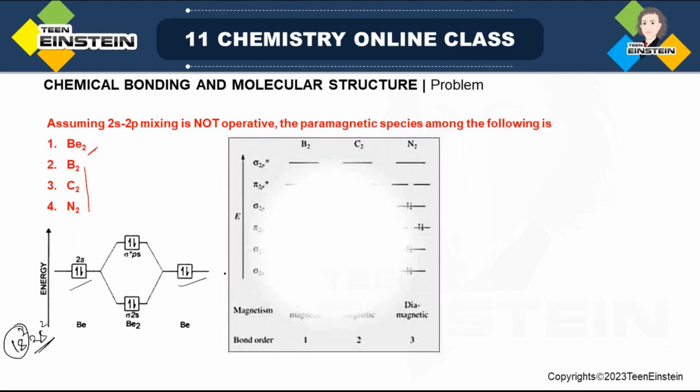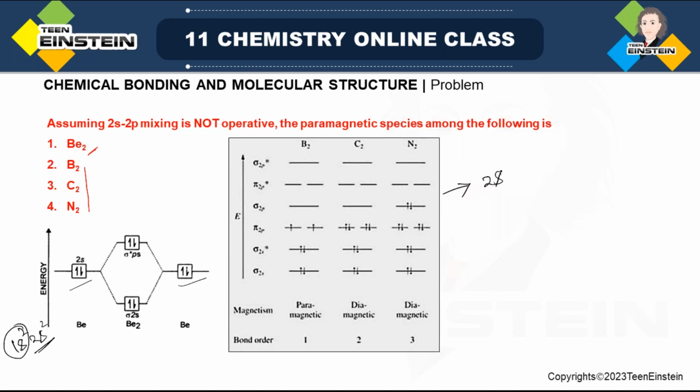Next, consider B2, C2, N2. The same picture you have already seen, and this picture is based on 2s2p mixing being present. But suppose there is no 2s2p mixing, then how will this part change? It will change like this.